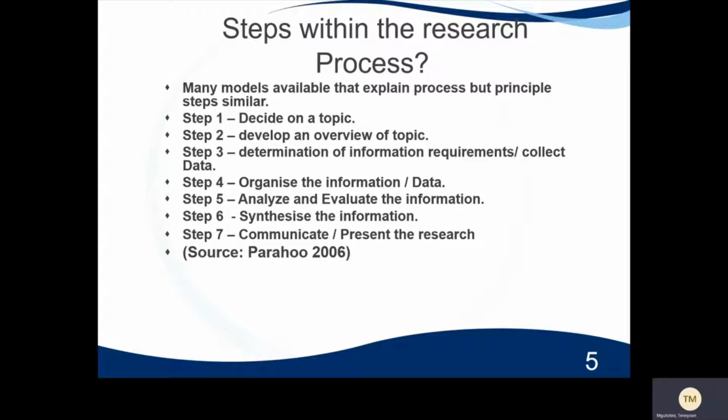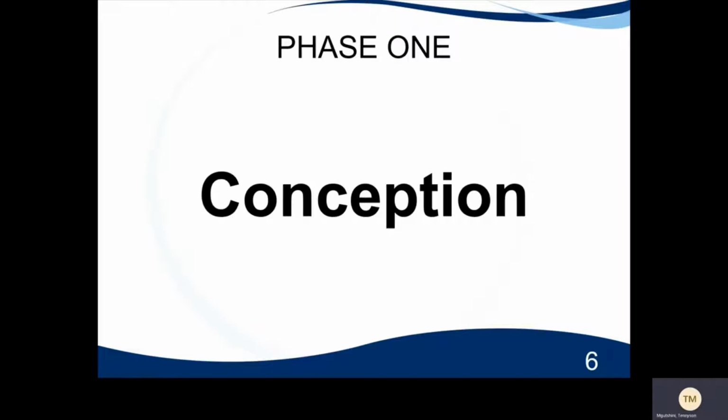So this literature review I'm talking about is one that you conduct when you're developing an overview of a topic and the key questions that are represented and asked within that topic. Now, I'm taking you back to phase 1, which is the conception phase of the study.